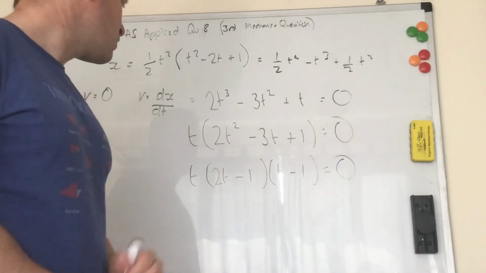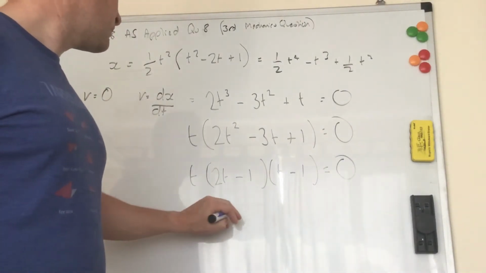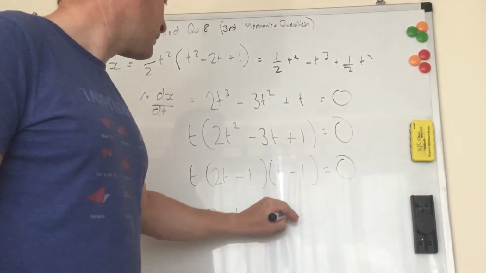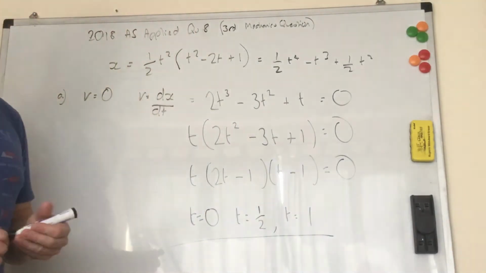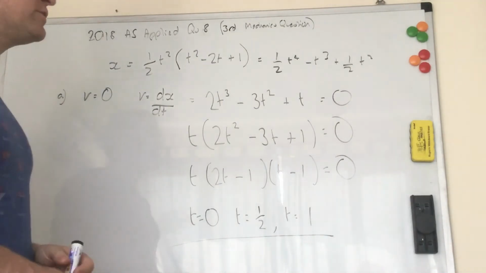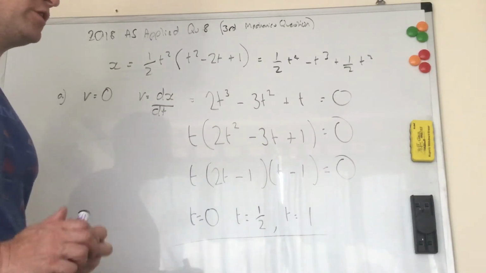Right, so in which case we get t equals 0 from that one, t equals a half from that one, and t equals 1 from that one. Okay, so those are 3 times for which the particle is instantaneously at rest. Okay, v is 0 at those points.